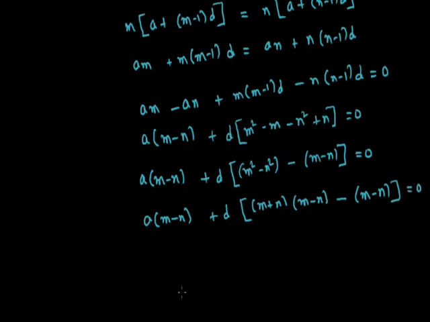So m minus n is common from all the equation. So here m minus n, it will become a plus d times (m plus n minus 1) equal to 0.